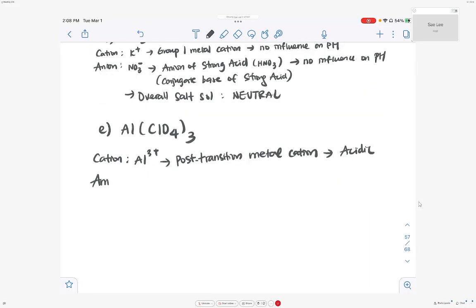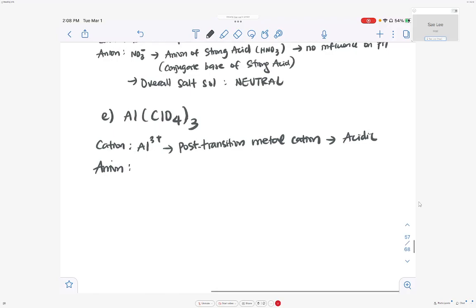As for the anion, you have perchlorate. This is an anion of strong acid.